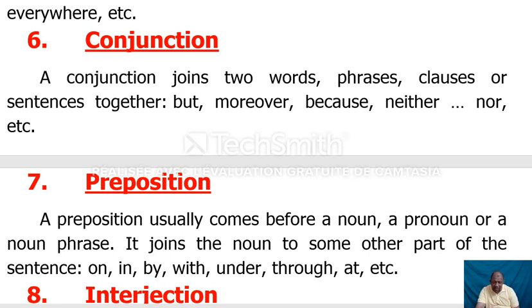For example, and, but, so, etc. Conjunctive adverbs: moreover, however, otherwise, etc. Subordinate conjunctions: because, even if, etc. And number four, correlative conjunctions: neither nor, either or, not only but also, etc. So these are conjunctions, and there are four types of conjunctions.